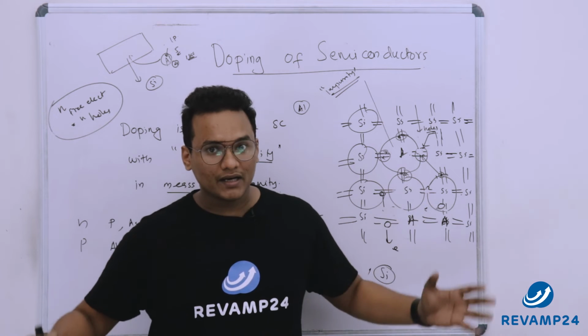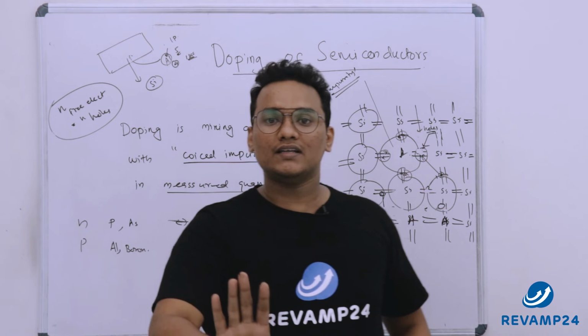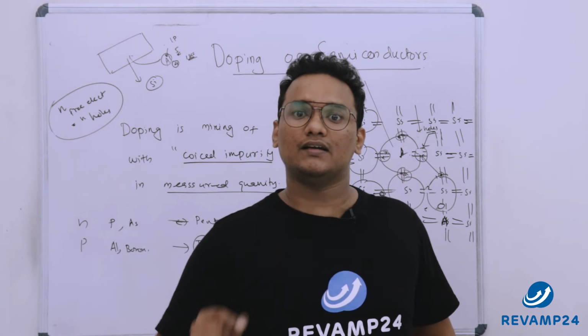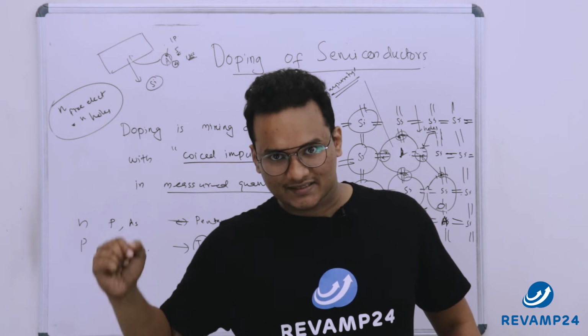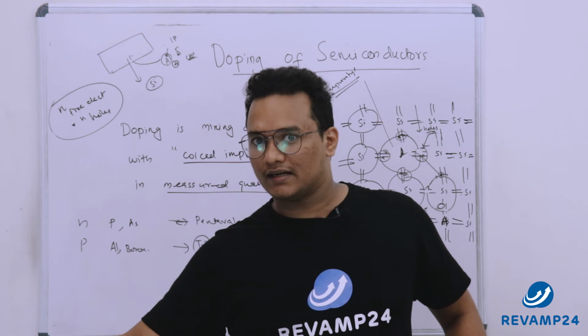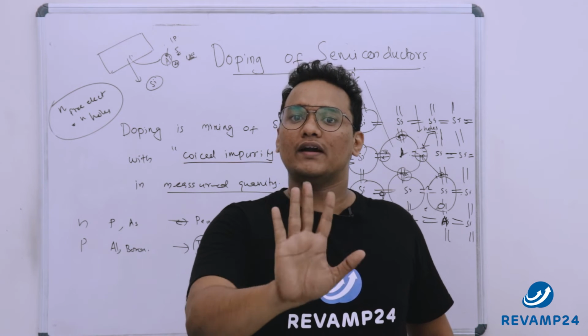But in extrinsic semiconductor, which is nothing but a semiconductor added with impurity, there would always be 1 excess electron if it is N-type semiconductor, that is, doped with pentavalent impurity. At the same time, in P-type semiconductor, that is doped with trivalent impurity, it will have 1 excess hole.